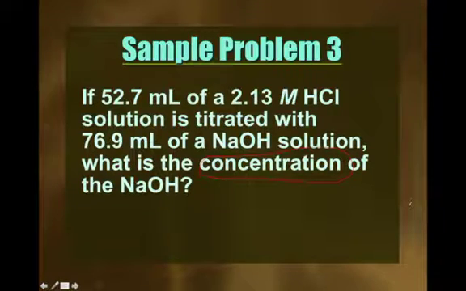Concentration means molarity. So here, guys, again, this is very simple. This is your known volume. This is your known molarity. This is your unknown, because it's linked with the unknown part. It's your unknown volume, and you're looking for the unknown concentration.